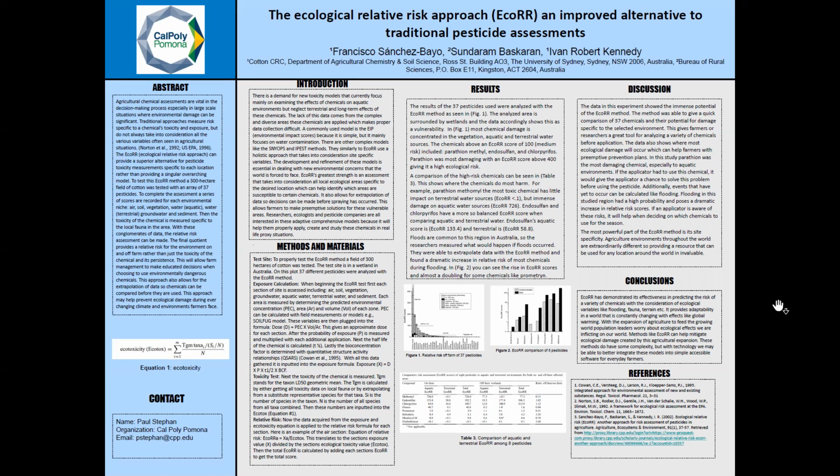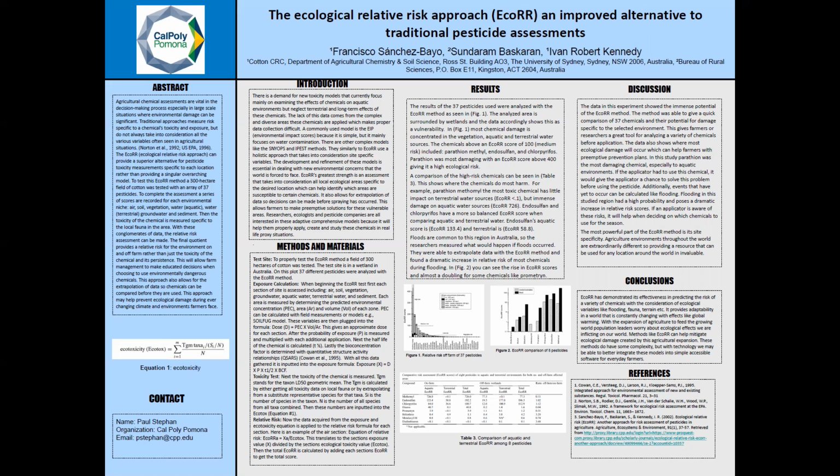So you could really test a chemical for your location, not just taking overall toxicity data of that chemical, but rather specific to your area. And the extrapolation of this data can also help preemptively prevent damages if you have to use a chemical.